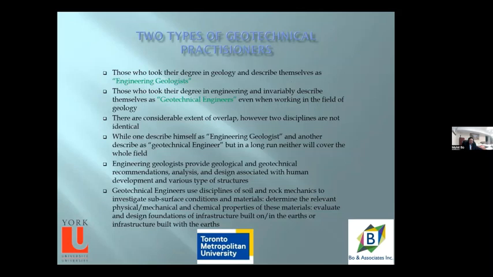There is a considerable extent of overlap between these two disciplines, but they are not identical. One describes himself as an engineering geologist, and another as a geotechnical engineer, but neither covers the whole field.